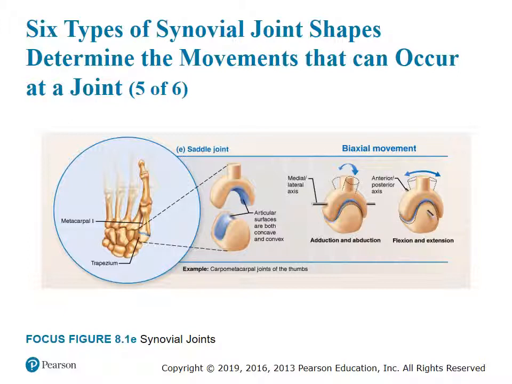Saddle joint, kind of what you find, for example, in the thumb and the big toe, where it saddles itself over. All right, biaxial as well.